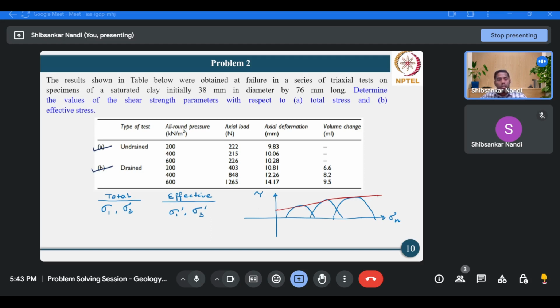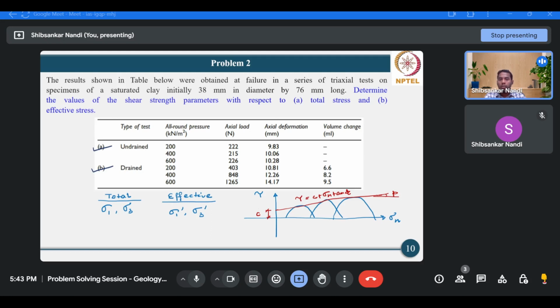Now the inclination of this line with the horizontal will give you the angle of internal friction, and the intercept along the y-axis at origin will give you the cohesion, because this is nothing but the yield envelope, tau equals c plus sigma tan phi. Okay, so this is the philosophy behind determining the shear strength parameters following the graphical approach.